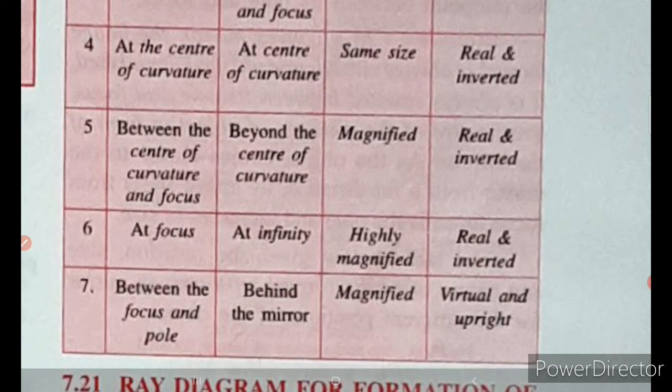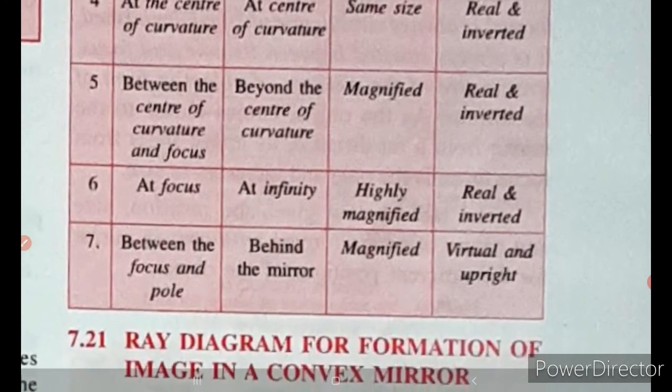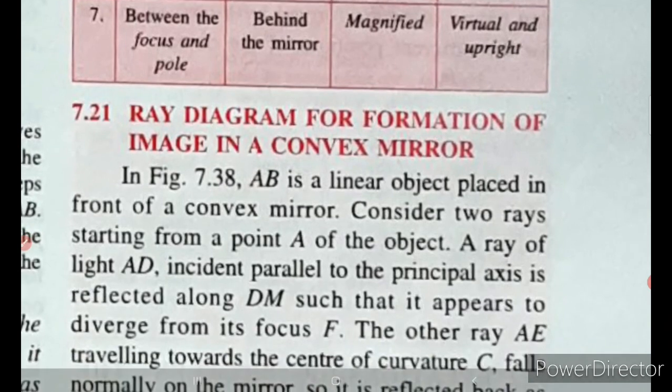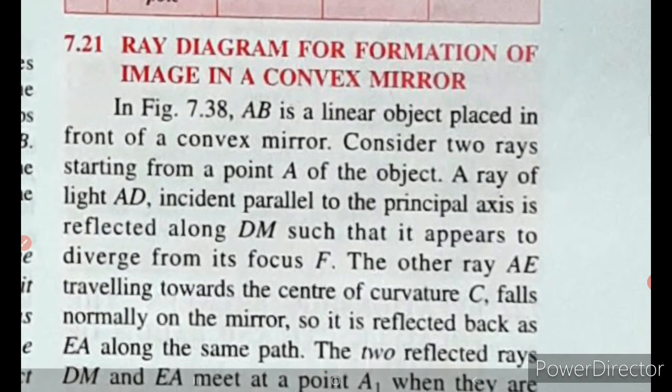The 6th case, at focus, it was formed at infinity, it was highly magnified, and it is real and inverted. Last case, between the focus and the pole, it was formed behind the mirror, it was magnified, virtual and upright. Now a ray diagram for the formation of image in a convex mirror.